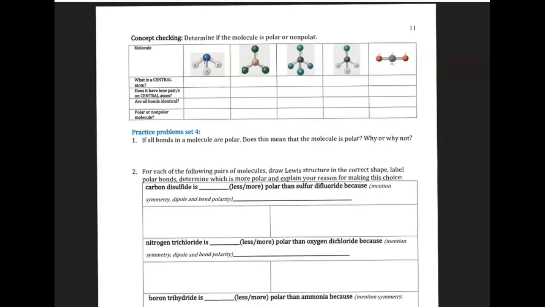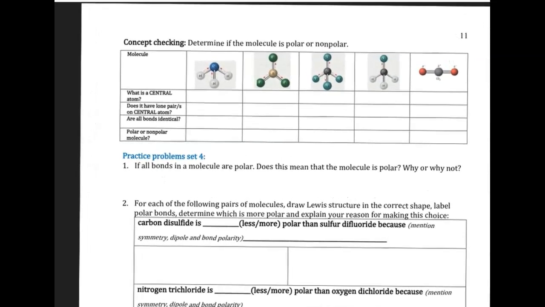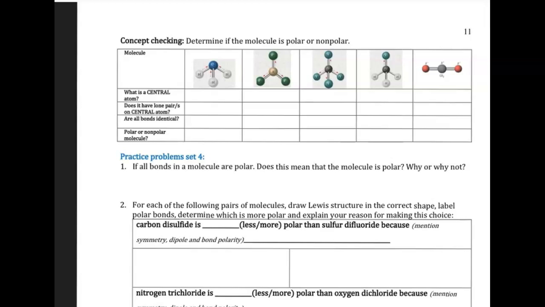So let's do concept checking. To do this, you need to determine if the molecule is polar or non-polar. So for the first one, what is the central atom? The central atom is nitrogen here. Does it have lone pairs? Yes, it has one lone pair, because don't forget that nitrogen is in group number 5, so it has 5 valence electrons.